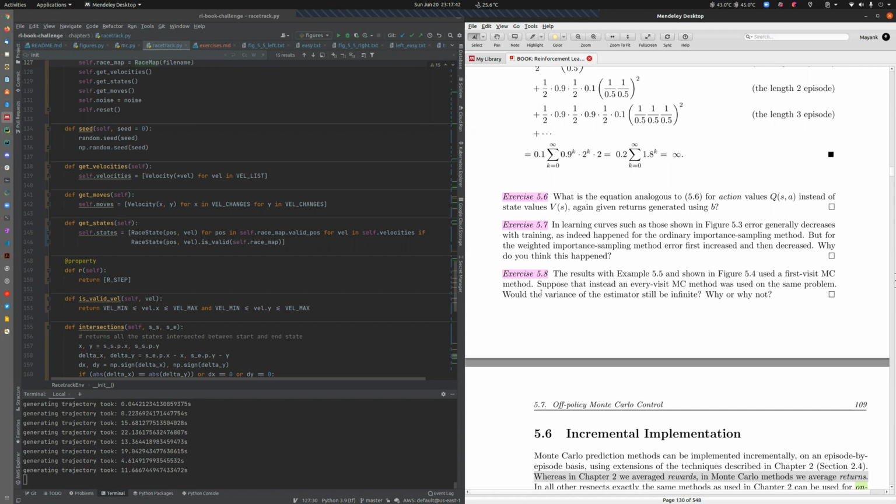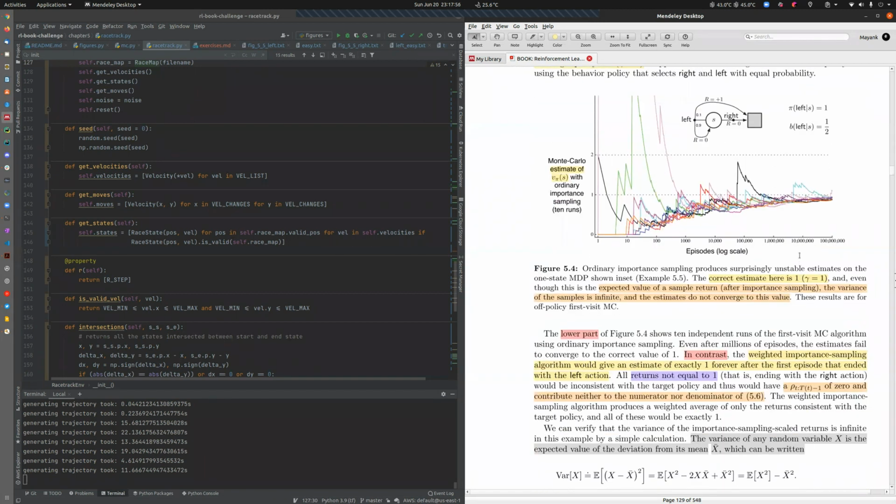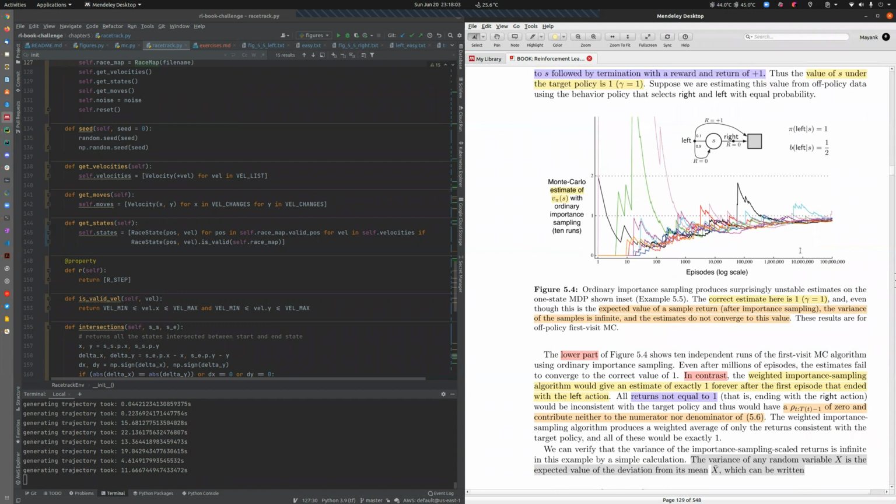In 5.8, we had the results with example 5.5. Using first-visit MC, on the same problem, would the variance of the estimator be infinite or not? This will be the variance. It is always derived from the mean, so it cannot be infinite because it will try to converge given a certain number of time steps in the future.